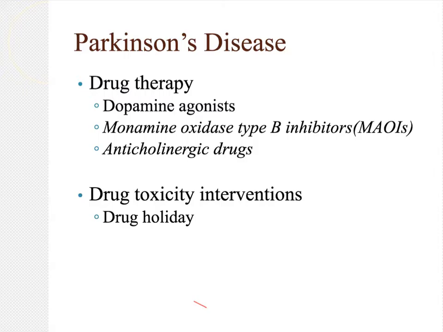Levodopa has its downfalls. Typically, after 2 to 5 years of treatment, more than 50% of patients experience fluctuations in their response to the levodopa. They may also experience dyskinesias, which means freezing, and mental and behavioral changes.